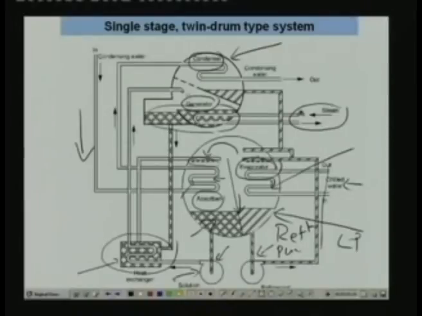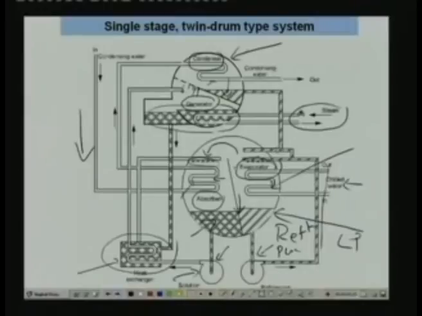Because of this, vapor is generated here, pure refrigerant vapor. This pure refrigerant vapor comes to the condenser, comes in contact with the condenser coil and condenses, and the condensate liquid drops here, and from here it goes to the evaporator. The pressure drop is provided by a small orifice or a small resistance, because the required pressure drop is very small, and by the time it comes here its pressure is reduced. So this cycle continues.